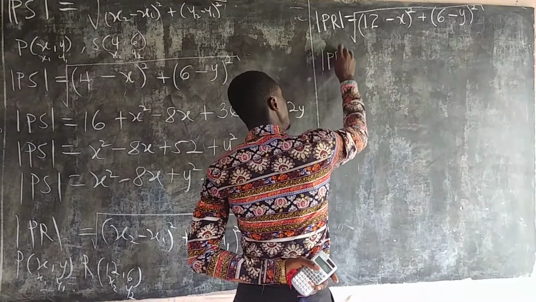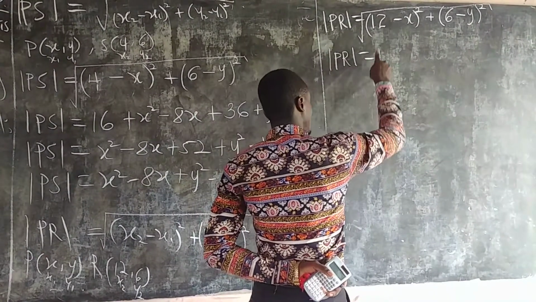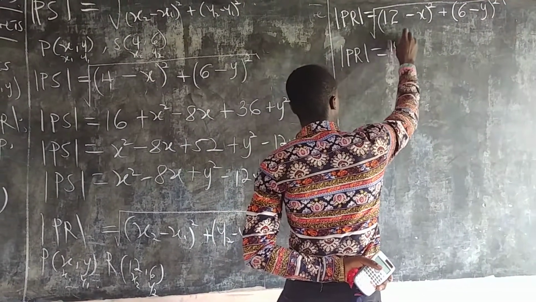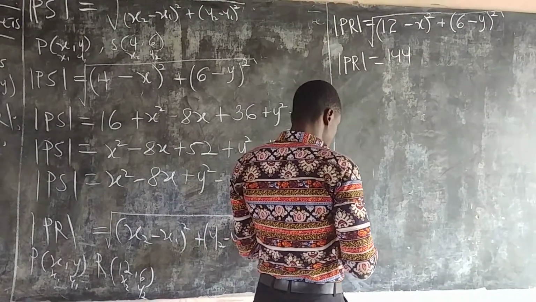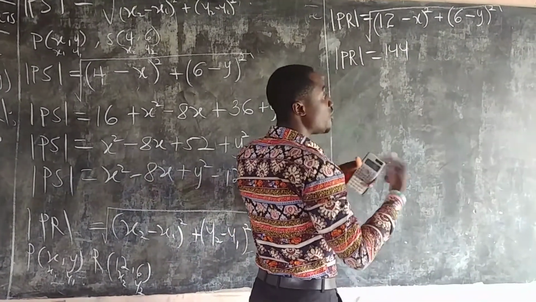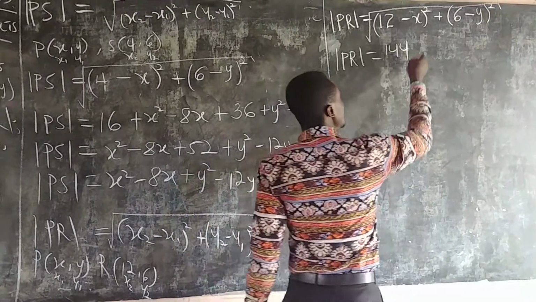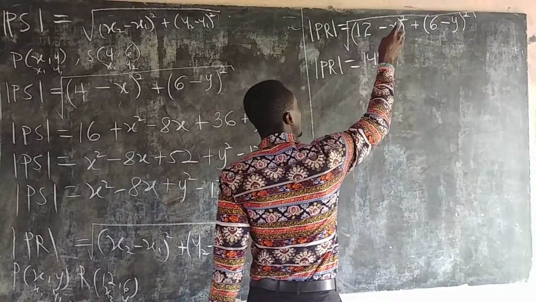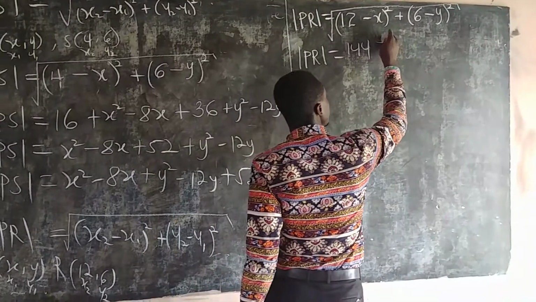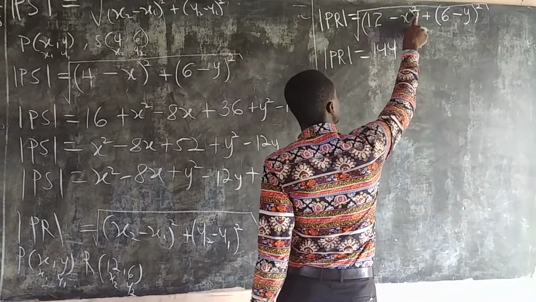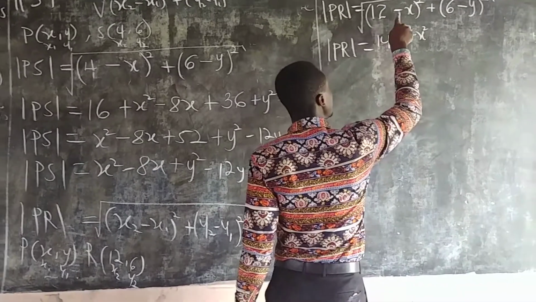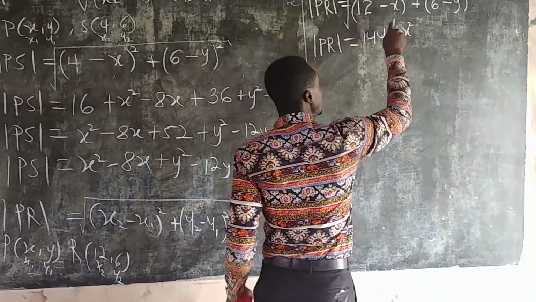So the length of PR will be equal to the square root of 12 squared, which is 144. Negative x times negative x will give us positive x squared. Then you take the 2 multiplied by 12 and at the same time multiply by negative x.